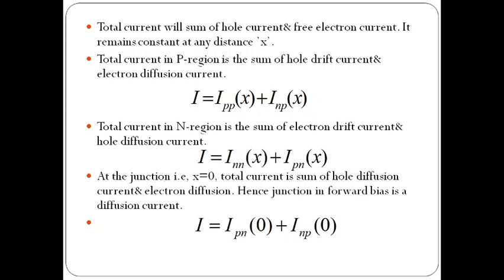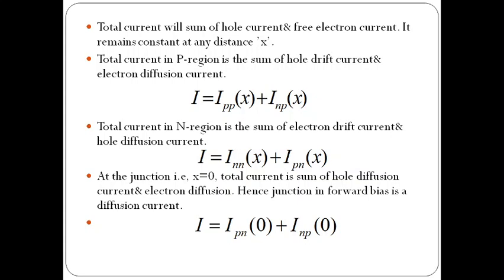So now we have mentioned the current in the P region, the current in the N region, and the current at any point in the diode. At the junction, x equals 0, the total current is the sum of hole diffusion current and electron diffusion current. So at x equals 0, we are considering current due to the diffusion process.